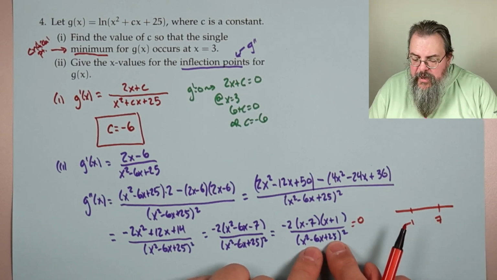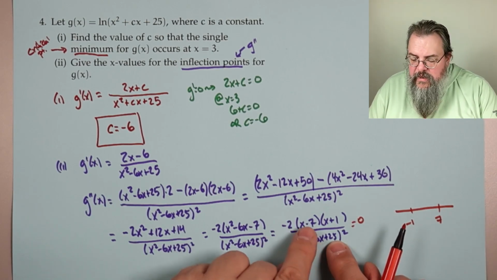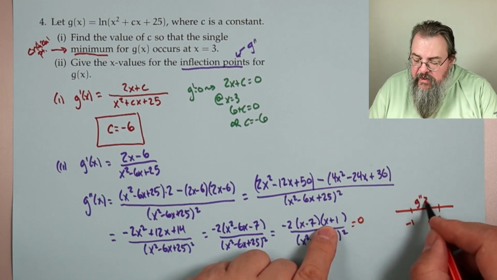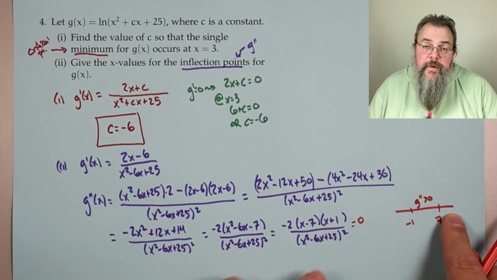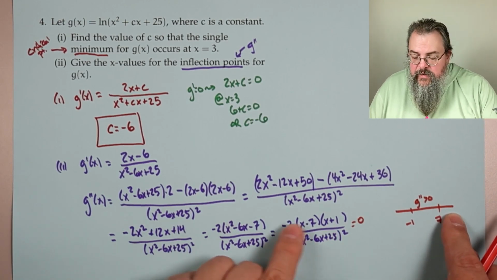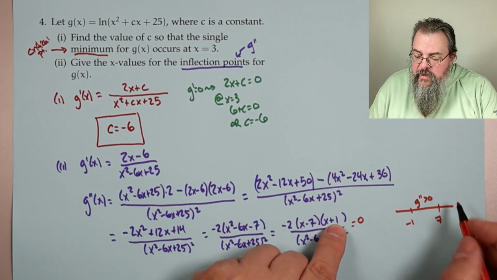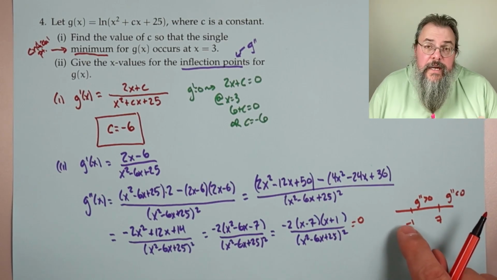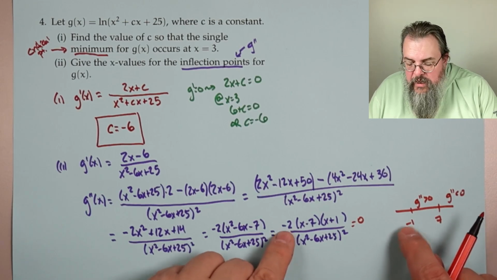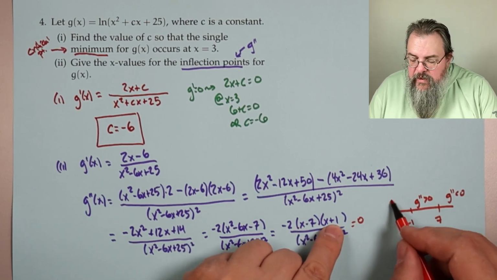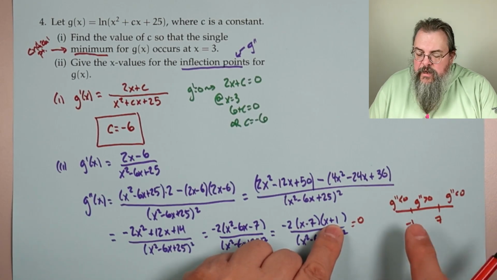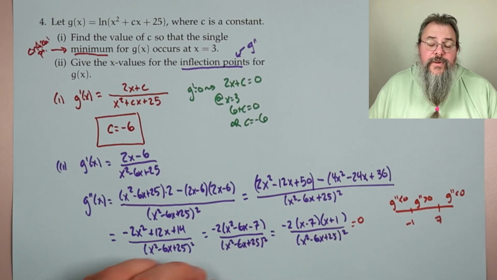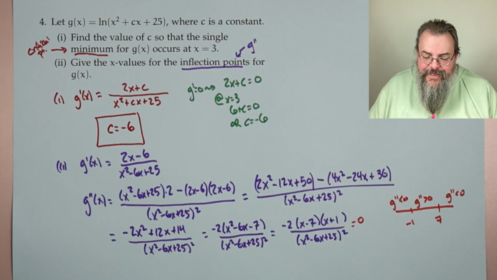The downstairs is always positive. You get a negative, a negative, a positive, so g double prime is positive. If you plug in a number bigger than 7, say 10, negative, positive, positive, so you're negative. And if you plug in something below negative 1, say negative 2, negative, negative, negative, so you're negative. We're changing signs at both negative 1 and 7, so these are proper inflection points.